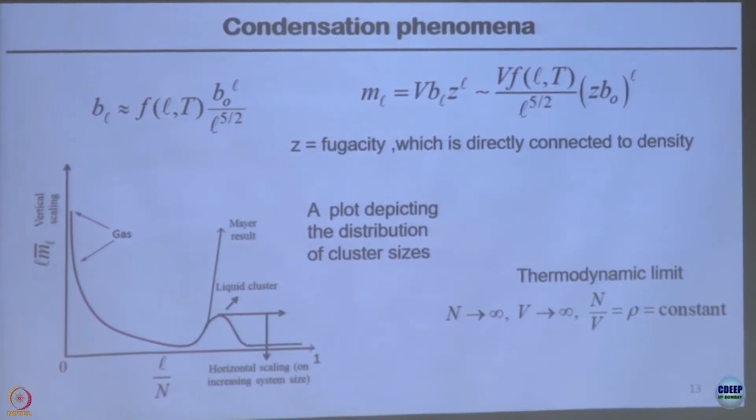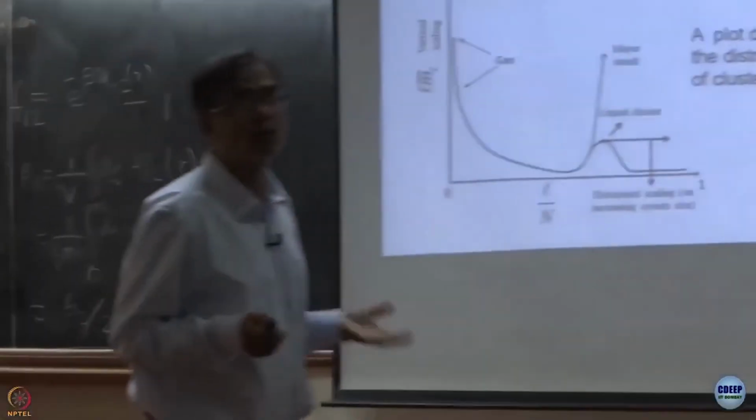So, a second big cluster appears with L/N close to 1, slightly less than 1, maybe at 0.8. As you hit the coexistence, this peak signals the appearance of a macroscopic cluster in the system. So, liquid is envisaged in Mayer's theory as a macroscopic cluster.